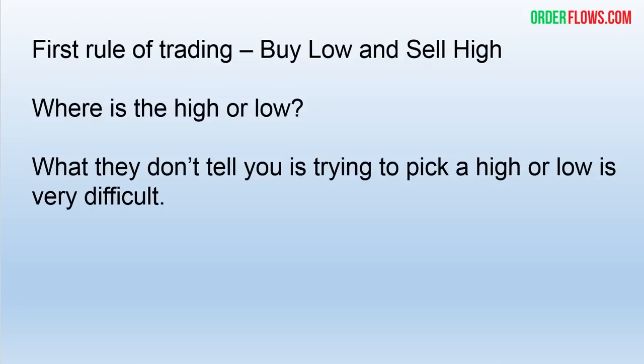The problem is you don't know where the high or low is, so you're going to look to the market to tell you. Honestly, it's very difficult to pick a high and a low. The best you can do is pick an area around the high or an area around the low.